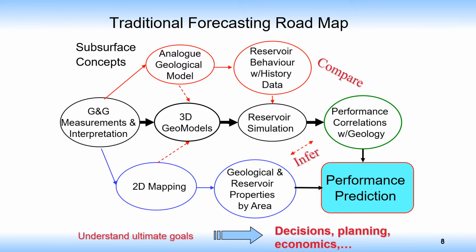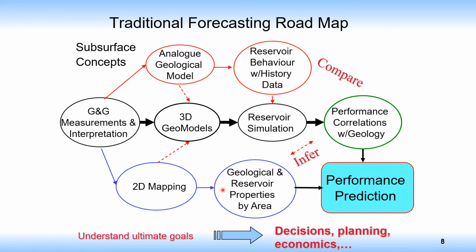This is a general diagram on the forecasting roadmap and a subsurface team. We have our concept models. We have some analogous reservoir information. The team is driven by that to make interpretations, do regional or area mapping.